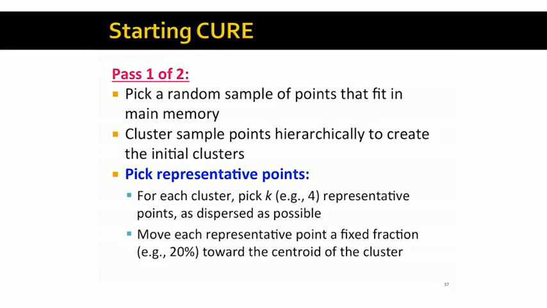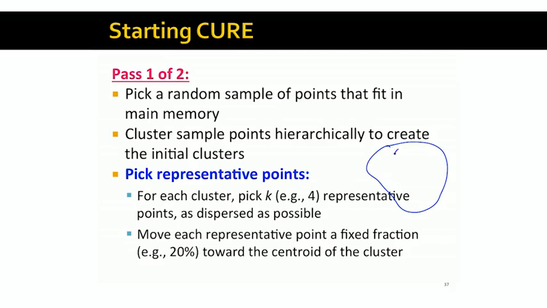Now, once we've clustered the sample points and figured out the initial set of clusters, for each of those clusters, we're going to pick representative points to represent them. We're going to pick a number, k, let's say 4, and pick k representative points for each cluster. Our goal is to take a cluster like this, let's say here's a cluster that we found using hierarchical clustering, and find representative points that are as far away from each other as possible, to get good coverage of the cluster.